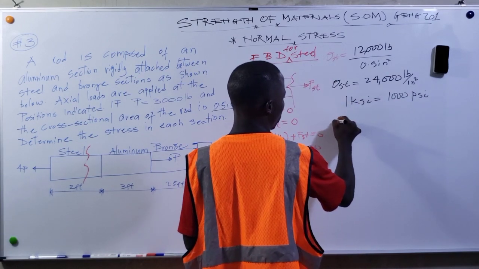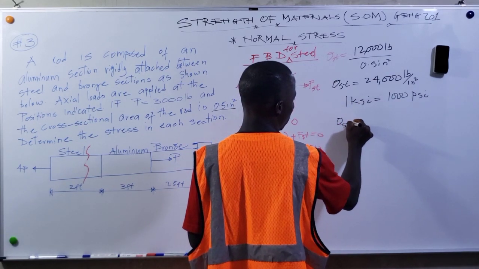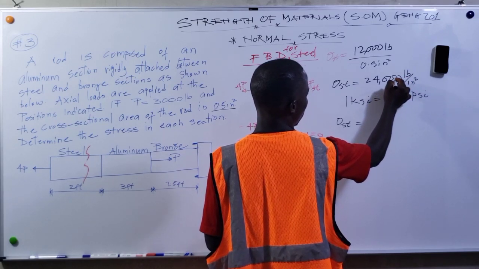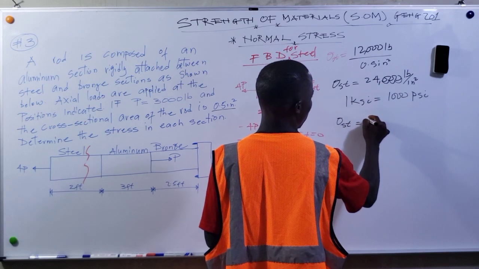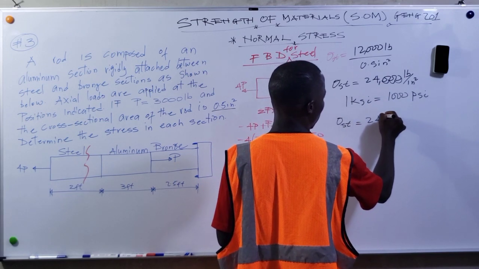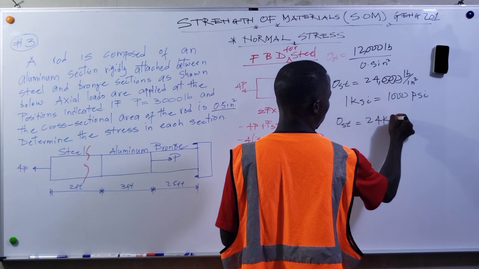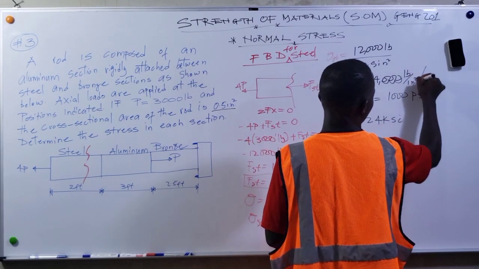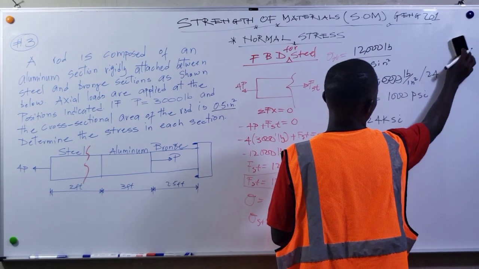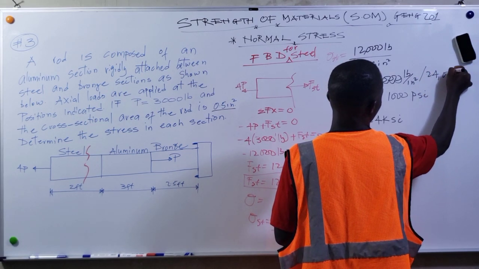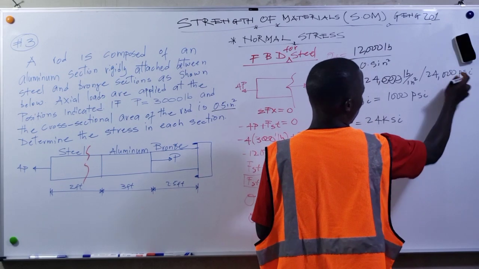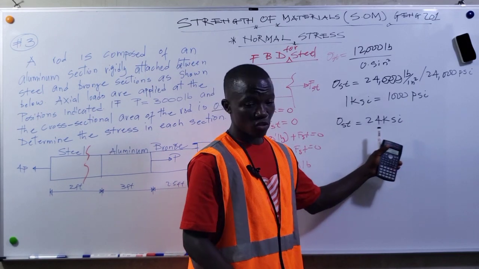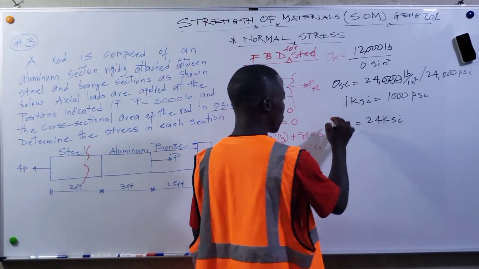So when we convert that, we take the decimal point 3 places to the left, 1, 2, 3. We get 24 kilopounds per square inch, KSI. Note that this 24 KSI is the same as 24,000 PSI, pounds per square inch. So this is the stress in the steel.